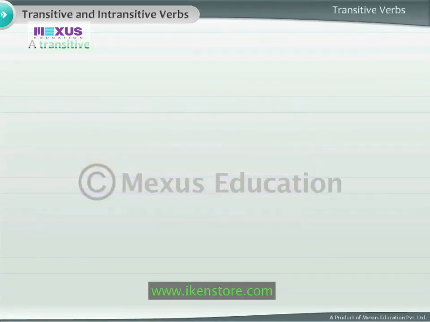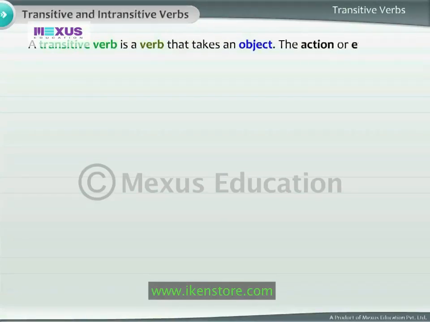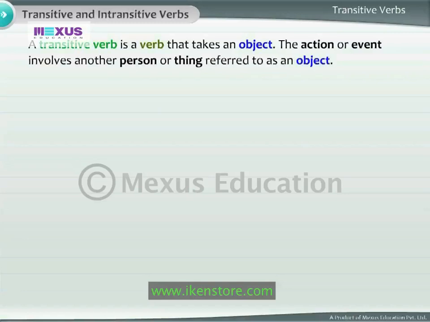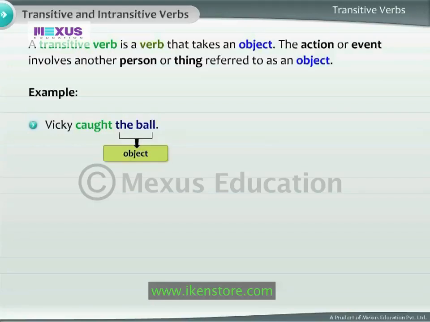A transitive verb is a verb that takes an object. The action or event involves another person or thing referred to as an object. For example, Vicky caught the ball. In this sentence, the object is the ball.